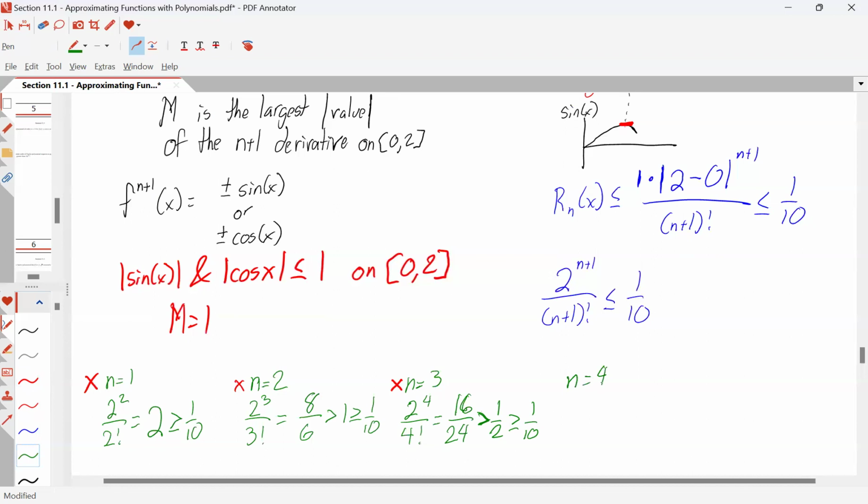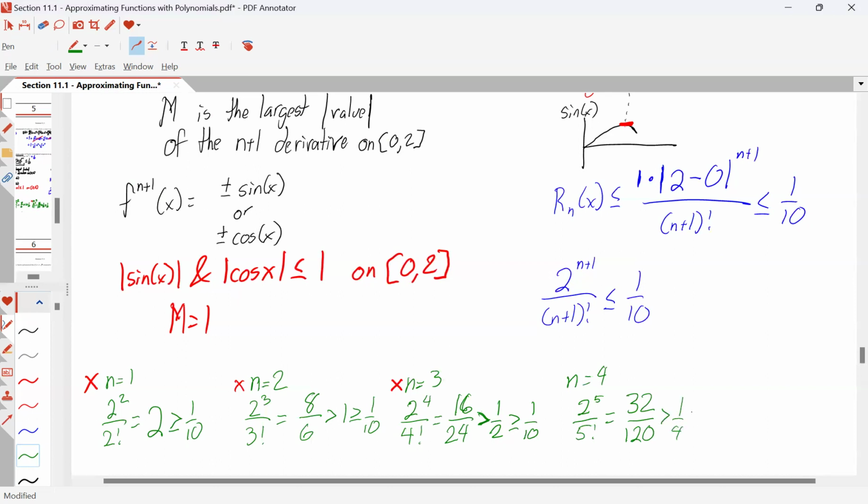N equals 4, we have 2 to the 5th over 5 factorial, which is 32 over 120. And 32 over 120 is bigger than 1/4.